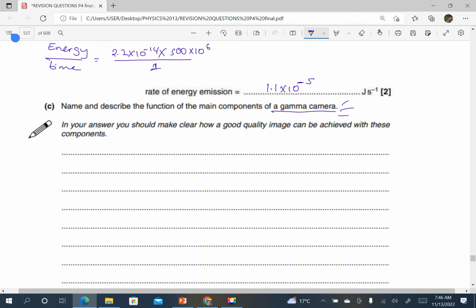What is its purpose? To collimate is to put in line.